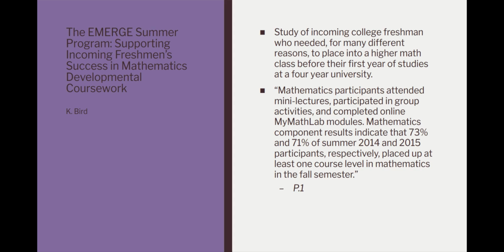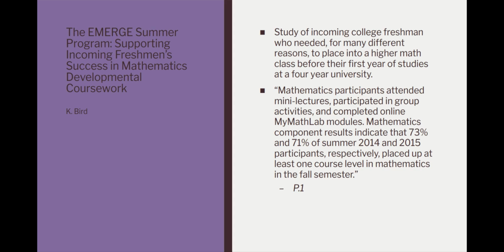Let us suppose that you're a freshman attending Indiana University, which is not one of the universities included in this study, but let's say that you're attending Indiana University. It may be the case that your high school coursework in mathematics does not support your entry into a pre-engineering program. If that was the case and you were admitted with the plan of doing that, you'd be admitted into what would be called the Emerge program.